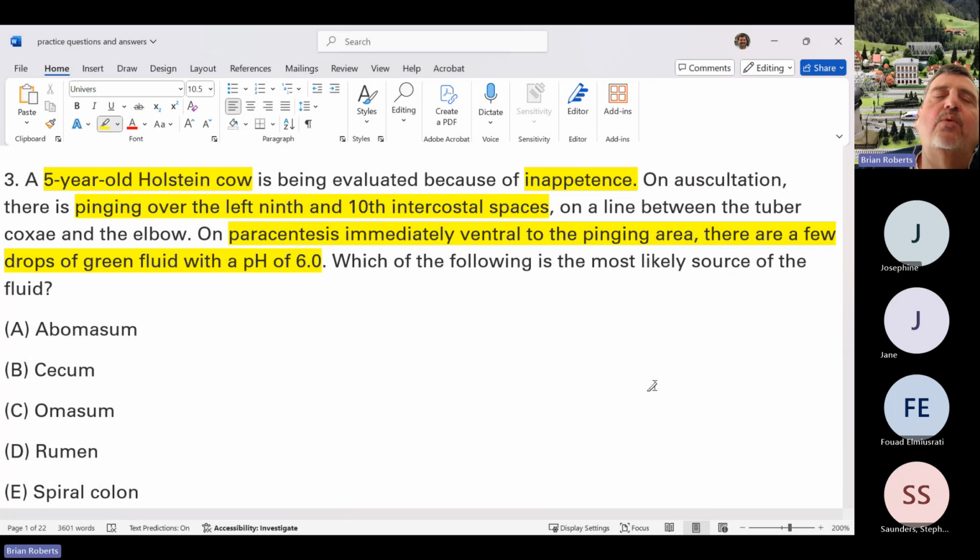And to figure out what's being displaced, is it a displaced abomasum or the cecum or whatever, you sample it, and the different areas of the stomach in the cow have different pHs. So this is a little bit of a trick question. What do you guys think? Abomasum, cecum, omasum, rumen, or spiral colon?